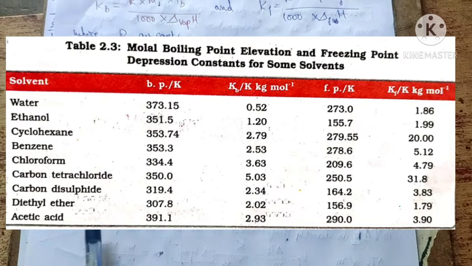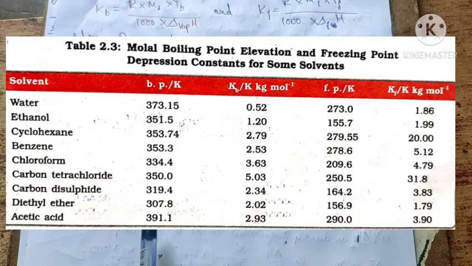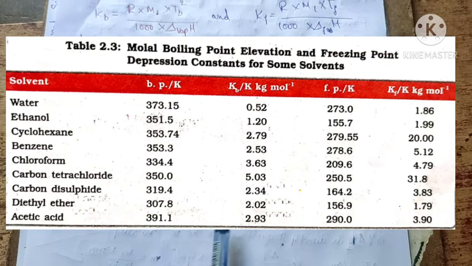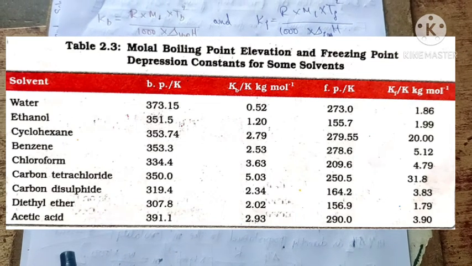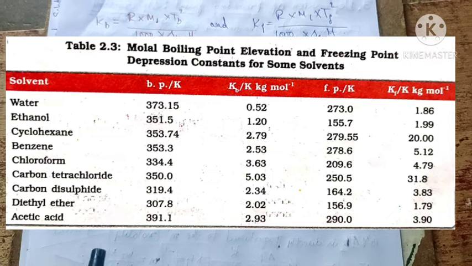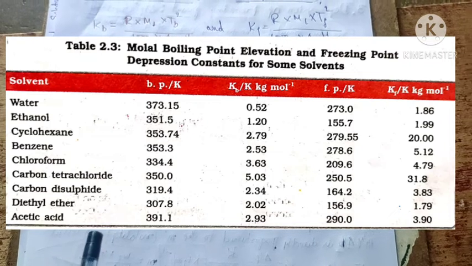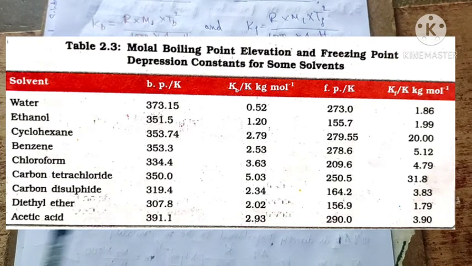Okay students, see this is a chart of molar boiling point elevation and freezing point depression constants for some solvents like water, ethanol, cyclohexane, benzene, chloroform, carbon tetrachloride, carbon disulfide, diethyl ether, and acetic acid.